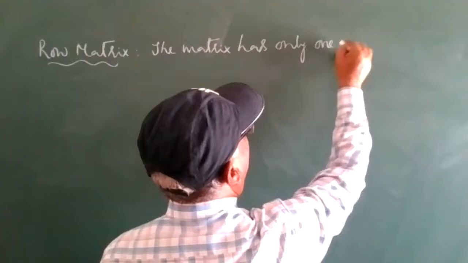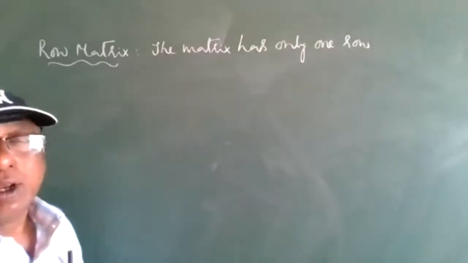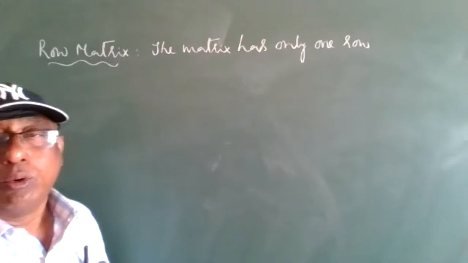The restriction is only one row; we cannot restrict the number of columns. A matrix that has only one row is called a row matrix. So what about the columns? The number of columns is not restricted.